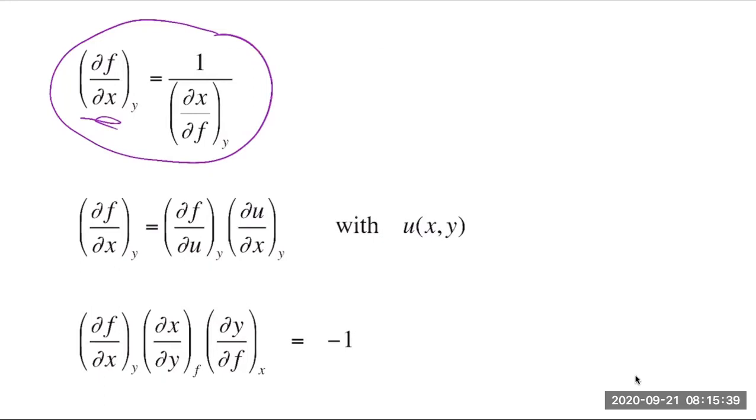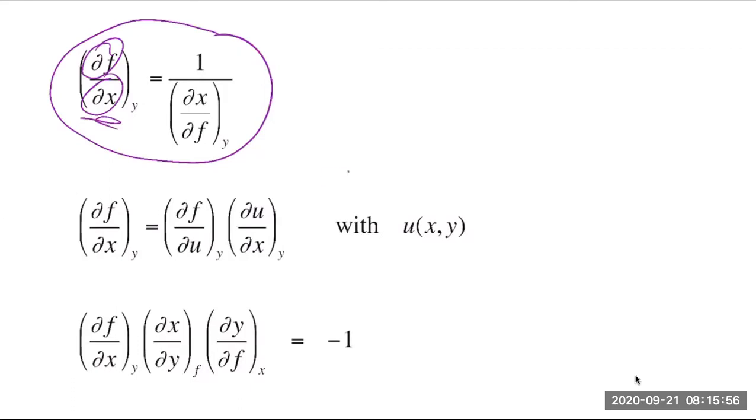And the reason is that a partial derivative is really nothing more than the ratio of two differentials. So if I invert that ratio, I get the inverse. And again, this is really only not true when you have discontinuities or when you have divergences.